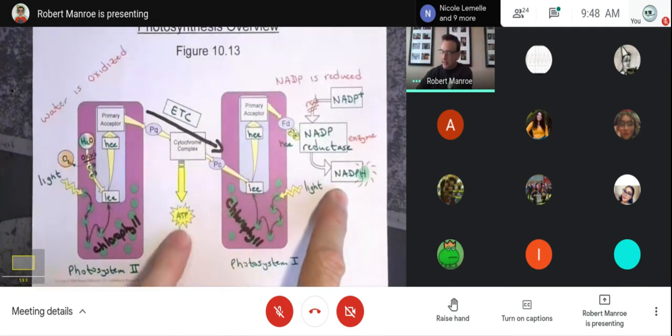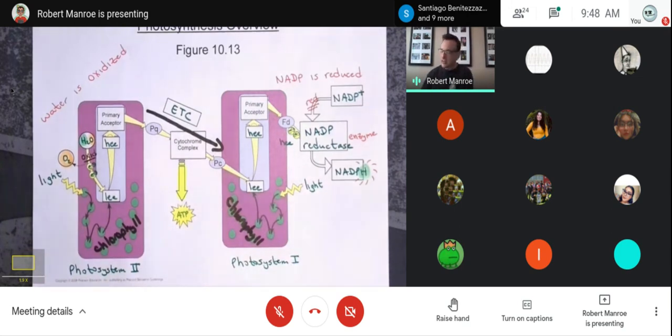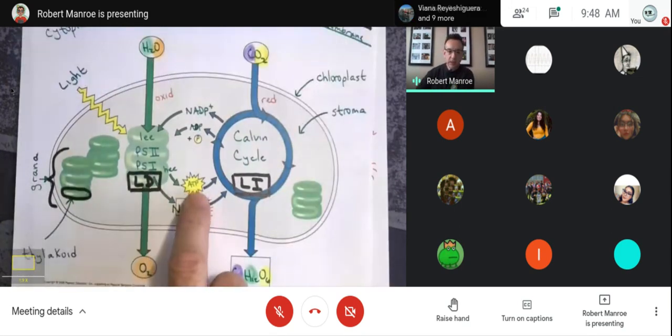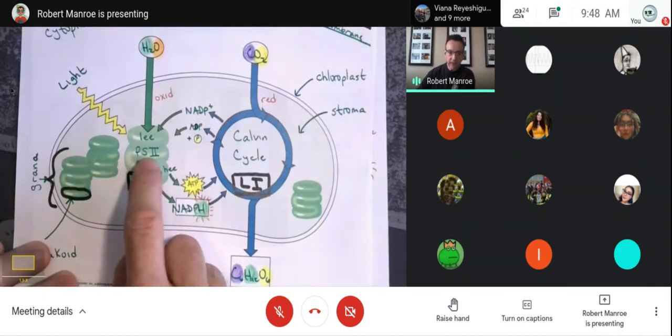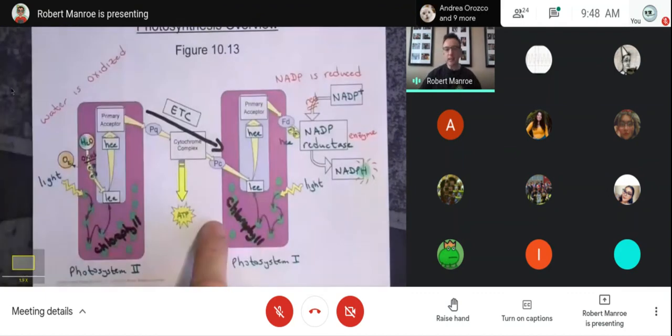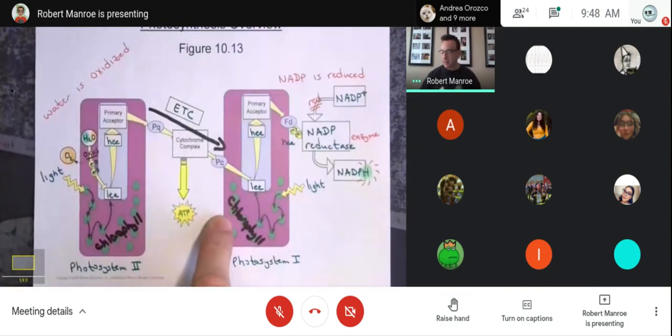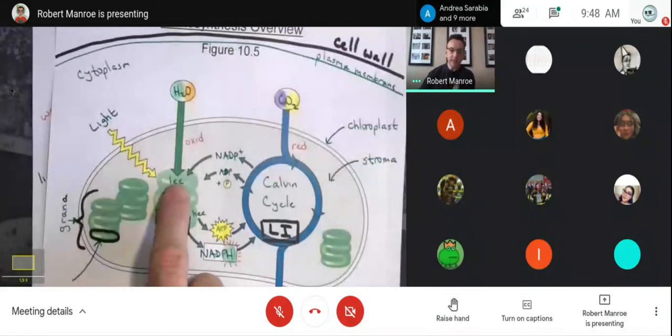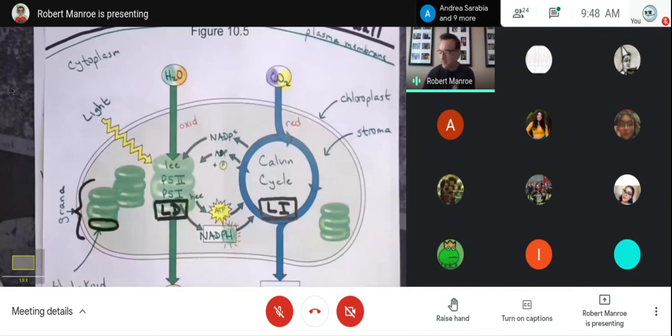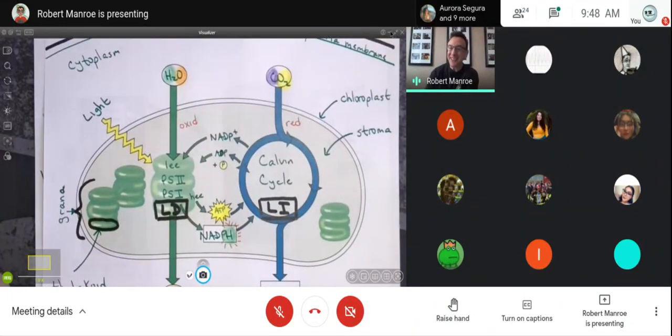And now this ATP and this NADPH are the same ATP and NADPH right here. So what's going on right there is this. Okay? So this is quite a bit of chemistry to drop into your lap.